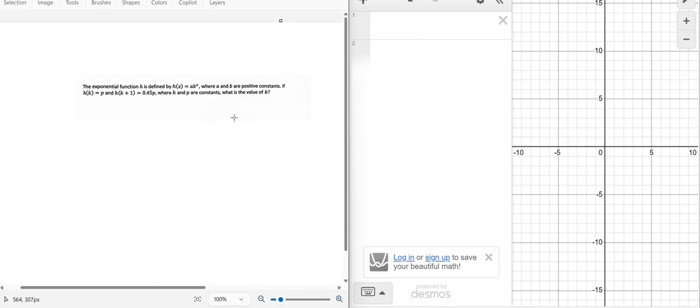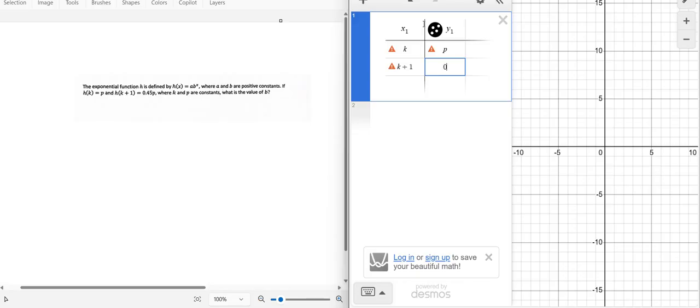So without wasting our time, let's go to Desmos and we'll do it in some seconds. When x equals k, our y will be p, and when x equals k+1, y will be 0.45p. Simply, we just copied this from the question.